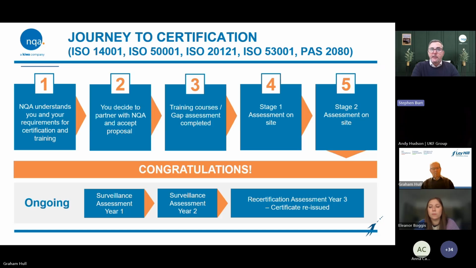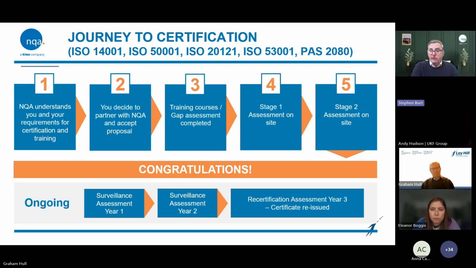So we do certification, for example, ISO 14001 we're discussing today, environmental management systems. ISO 50001 is the energy management system. ISO 21221 is the event sustainability management system standard. That's kind of growing in recognition, growing importance.